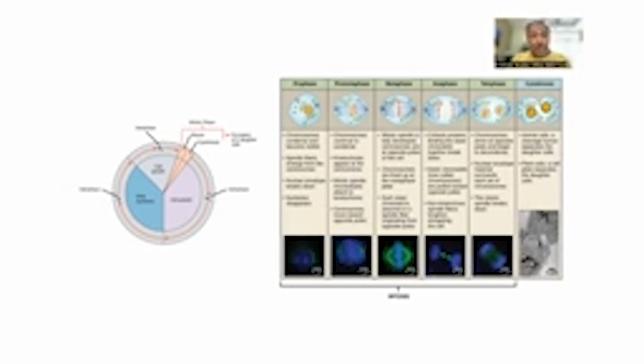What we do know is that since we've looked at a cell and all the major machineries that are operating in a cell, there has to be a mechanism to give this machinery to the two daughter cells as well, right?